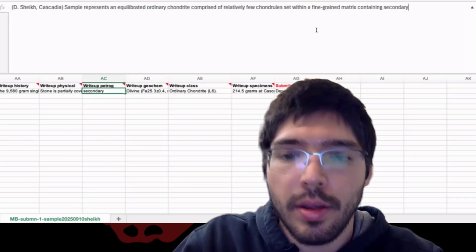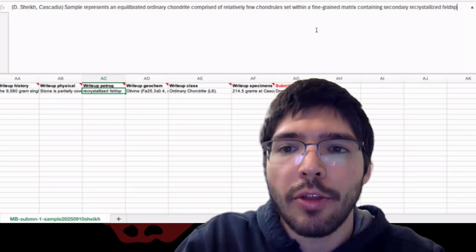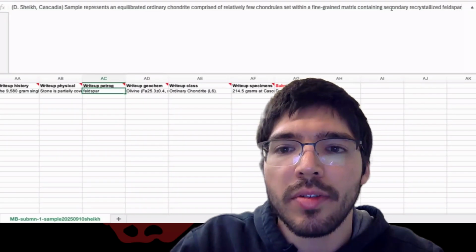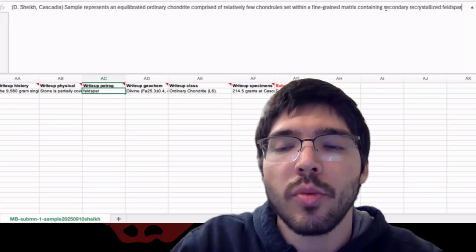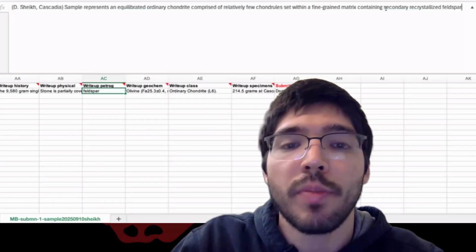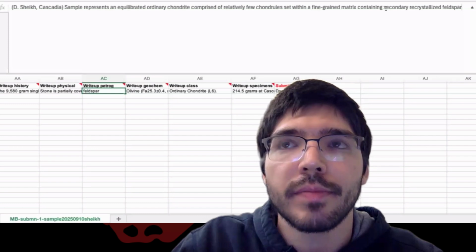So secondary recrystallized feldspar. And the reason why we call it secondary recrystallized, in case anyone's wondering, is because the feldspar formed secondary to when this meteorite was initially on the parent body. So when you form these, for example, this is an L6.